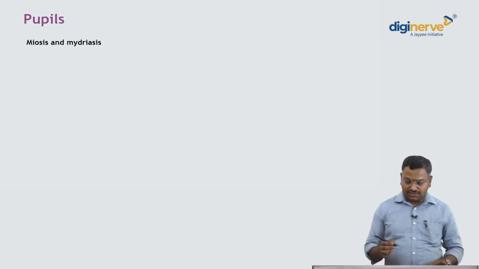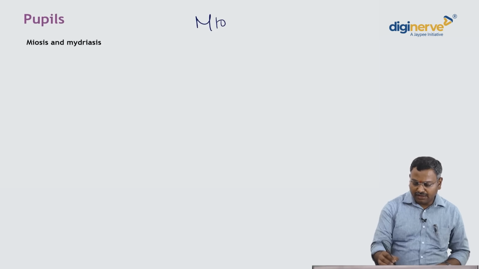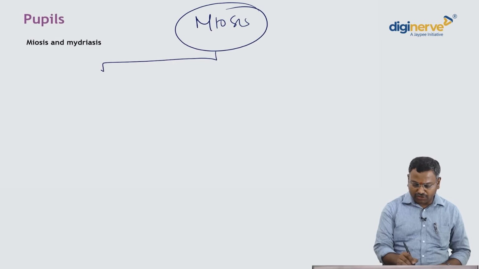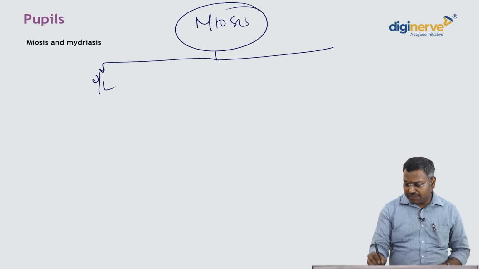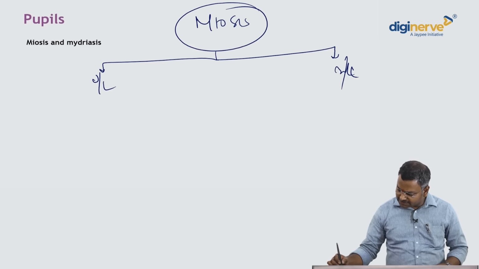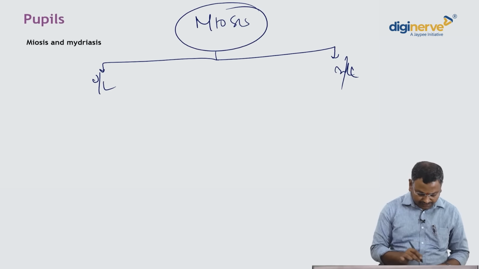Coming on to miosis, where the pupillary size is less than 3 millimeters. So again it could be unilateral or it could be bilateral that you see there. So various causes of miotic pupils, very small pupils. What are the causes?